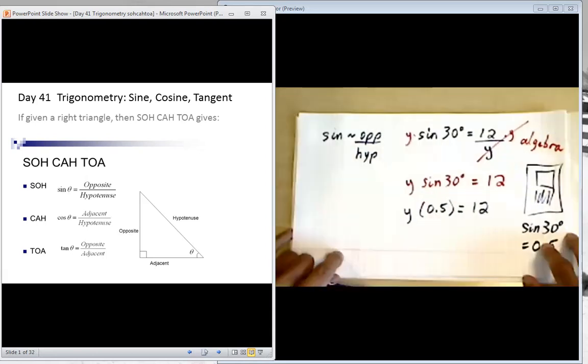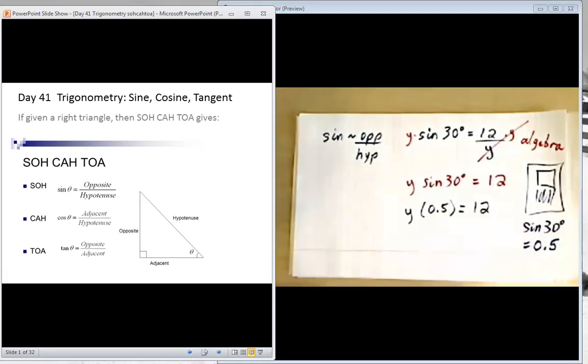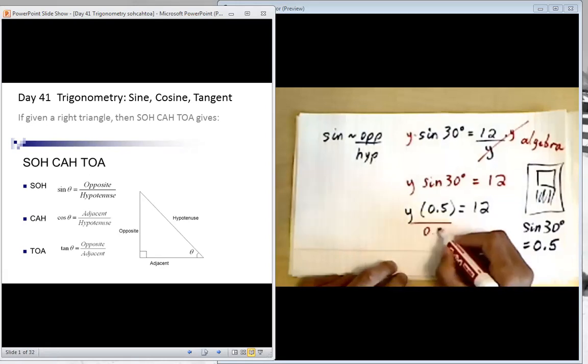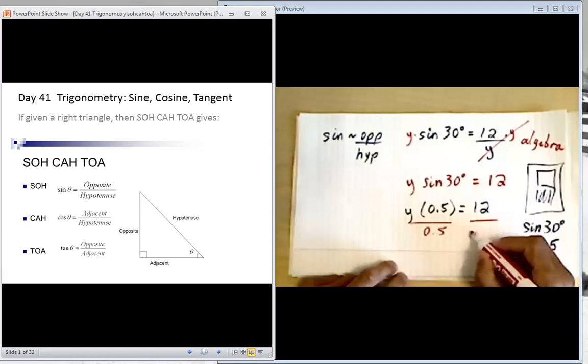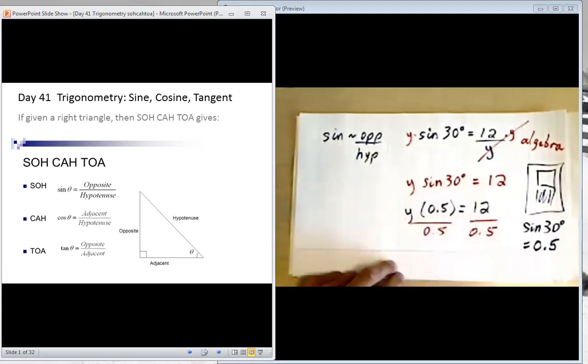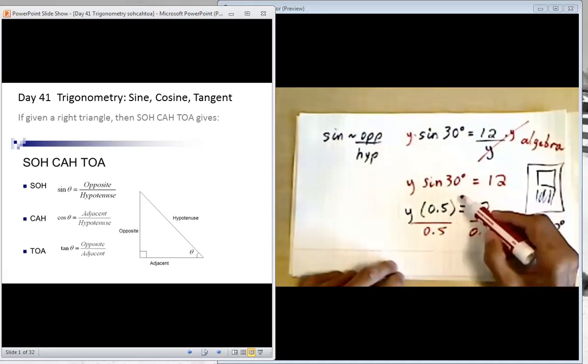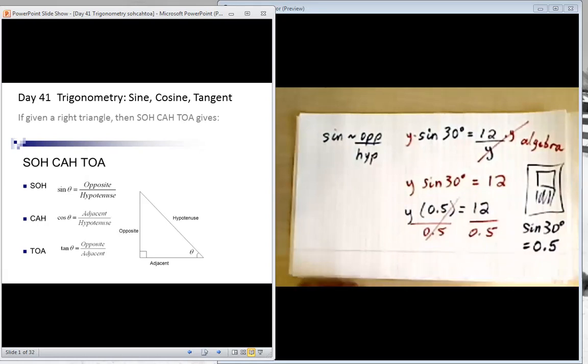You see, just some extra steps with the algebra for this one. What do we have to do? We don't have y by itself yet. So one more step. Divide both sides by 0.5. What you do to one side, you do to the other. By choosing the same value, the cancel lightning happens, right? And now, maybe back to your calculator again, depending on your mathematical experience.